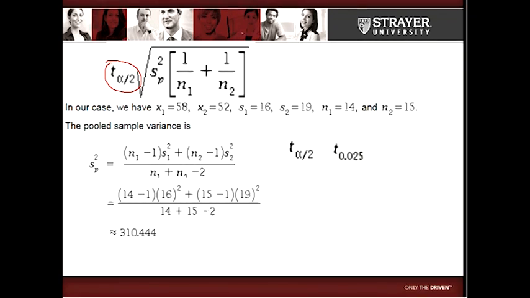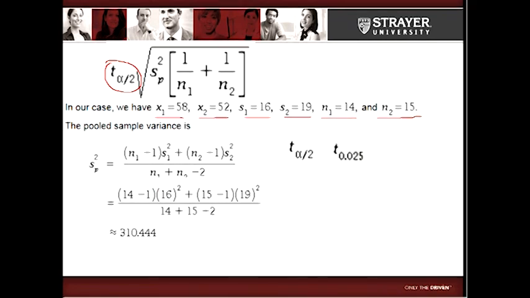So here is our margin of error. For this problem, x1 was 58, x2 was 52. The first standard deviation was 16, the second was 19. The first sample size was 14, the second was 15.